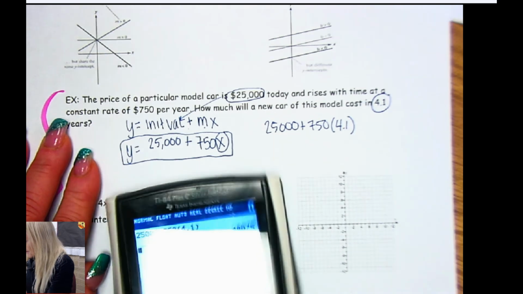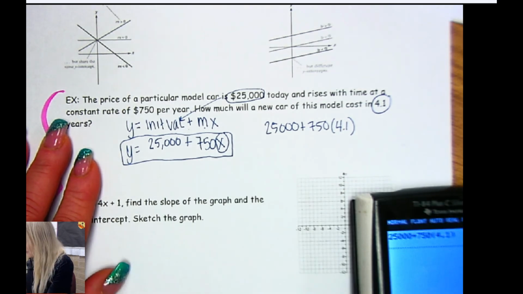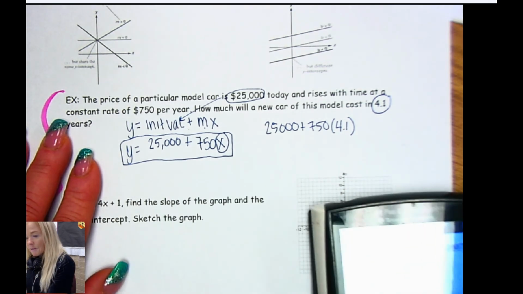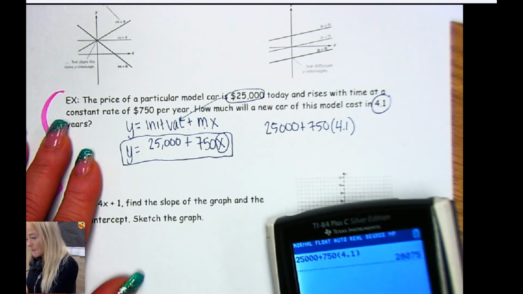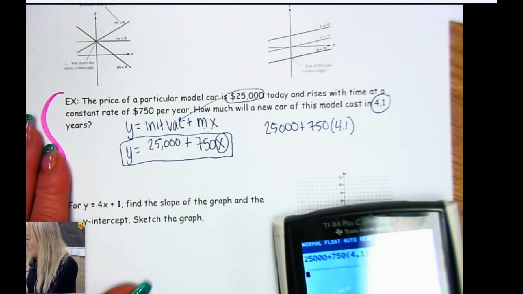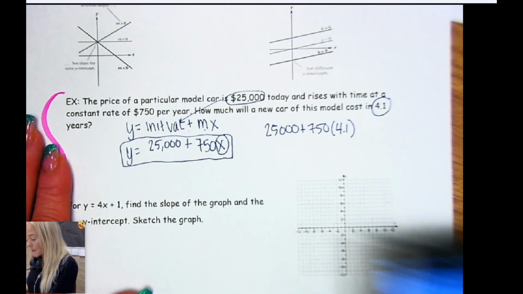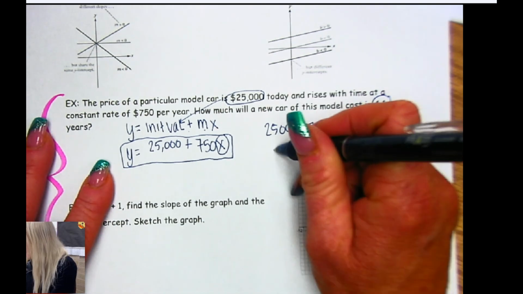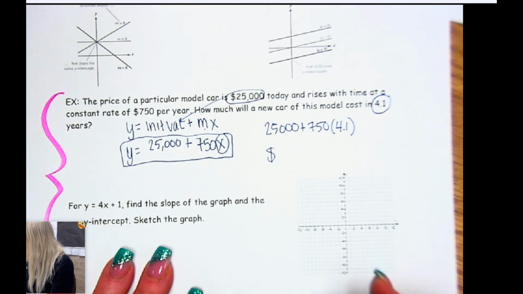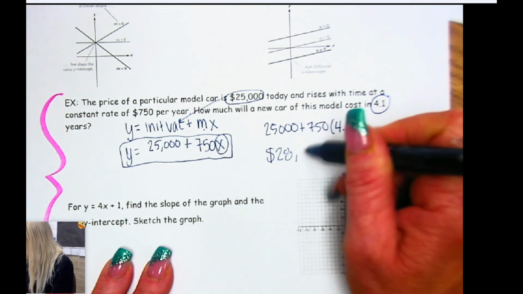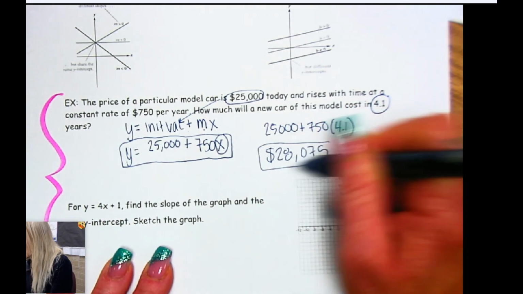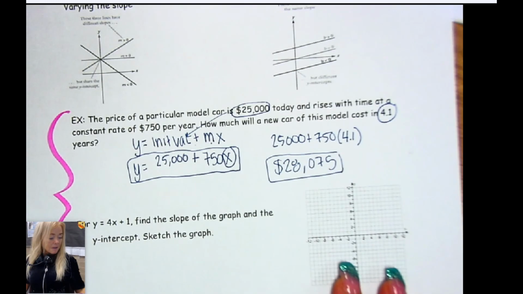Oops. Now you know why I get in trouble all the time. Plus 750 times 4.1, and that's going to be $28,075. All right. So the new price of the car after 4.1 years have passed will be $28,075. So you'll be doing that a little bit with the homework.